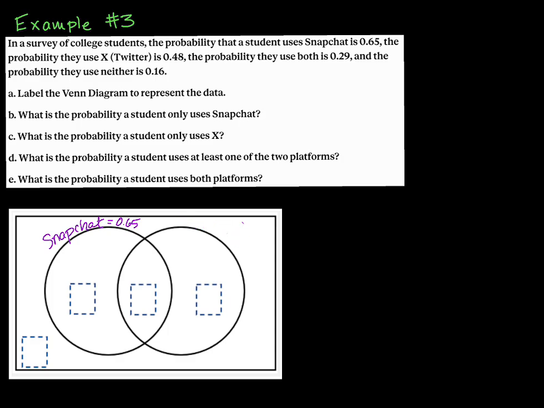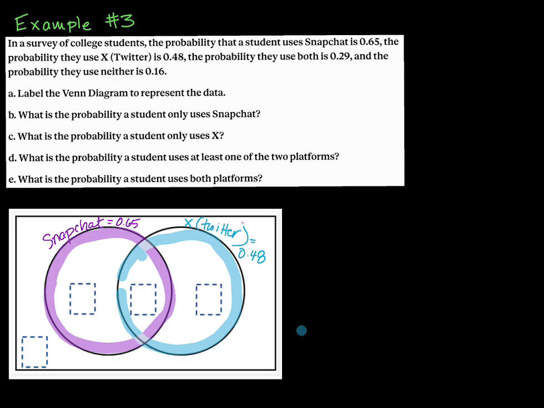So over here, X for Twitter, and that is 0.48. The whole circle is Twitter, and for here, the whole circle is Snapchat, right?